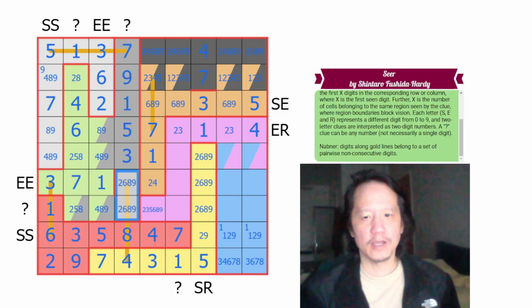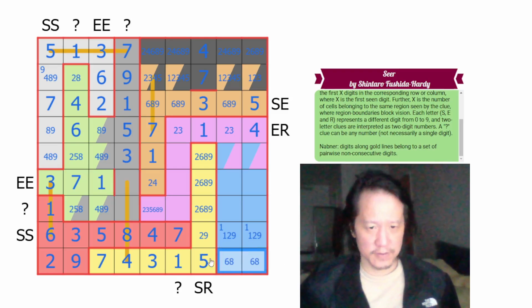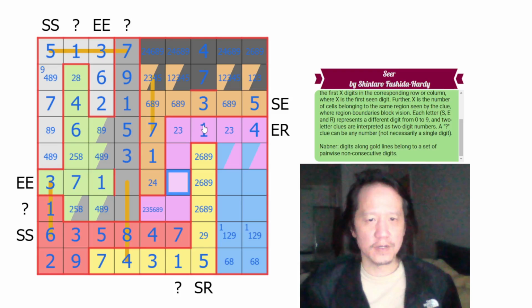This can't be 8 or 9 because of the 8, 9 pair. So this is 2 and 6 specifically as a pair. This has to be specifically 6 and 8 because that's all that's left in the row. 2, 3.